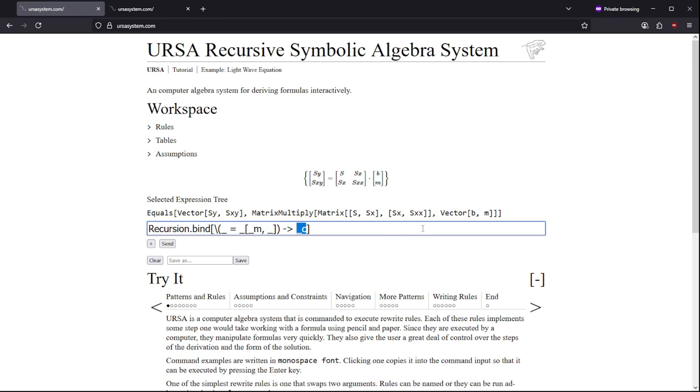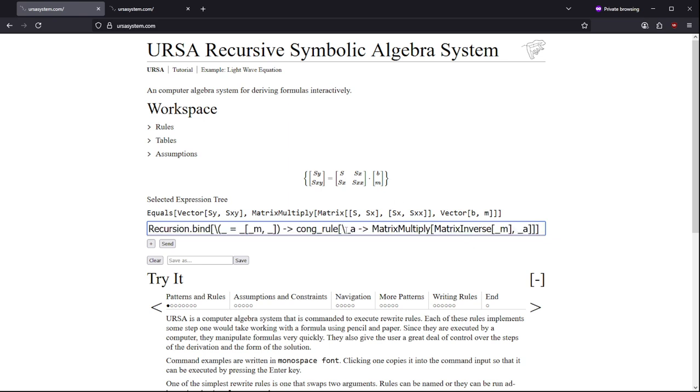And we can now run the Kong rule, which takes a lambda expression like this one, and it applies that to both sides of an equality separately. So now, for my equality, I'm going to take the value on one side of the equality, and I'm going to replace it with the matrix multiplication of the inverse of m with whatever was on that side of the equation.